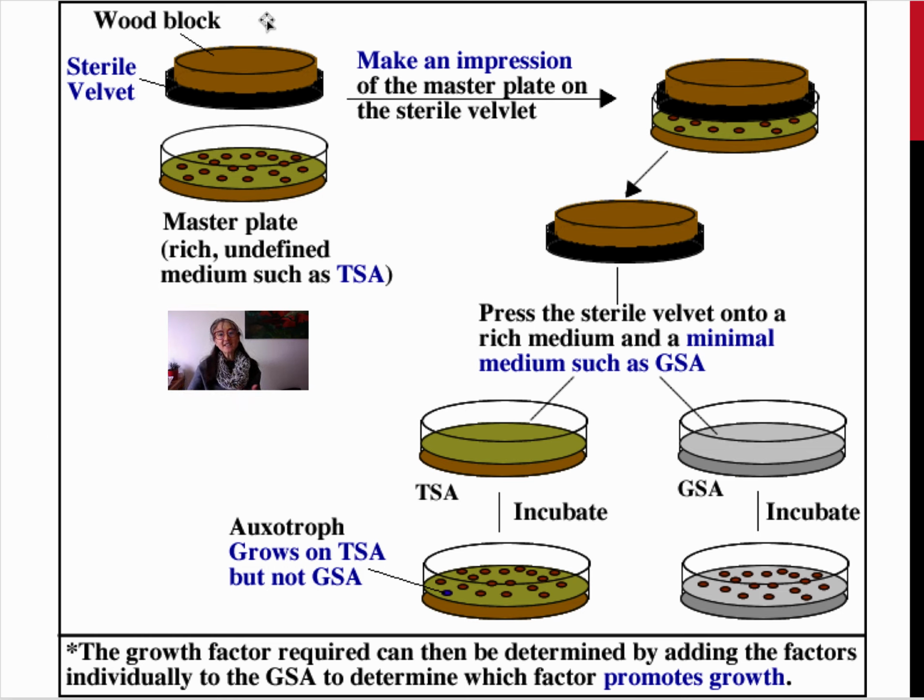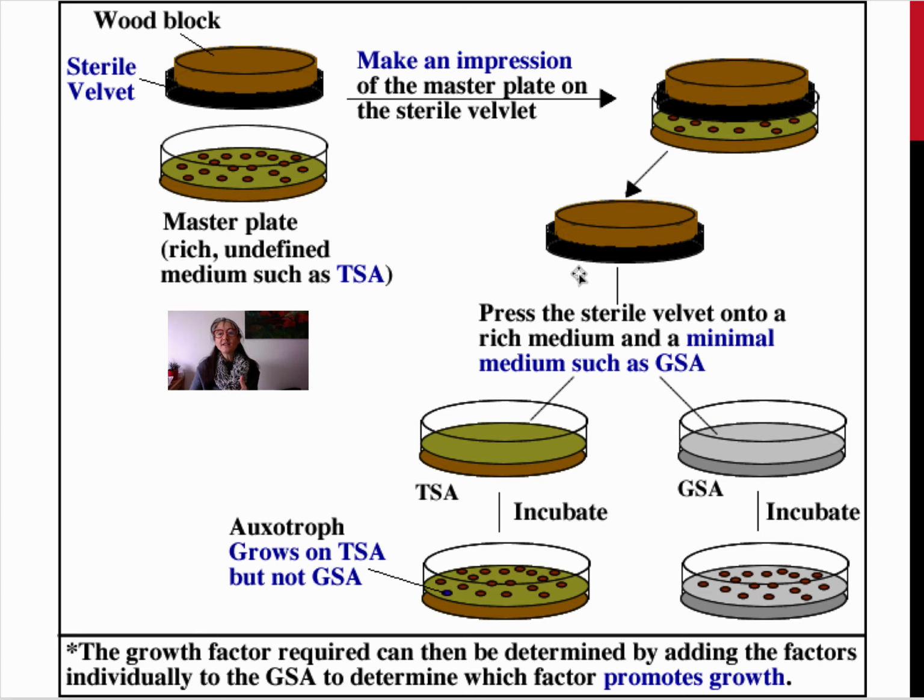And then you take that sterile velvet and you press it down onto a master plate that has both the prototrophs and the auxotrophs. So essentially you're printmaking. You're literally making a print onto this sterile velvet. Why velvet? Well, because velvet's like 100 million little inoculating needles that are all picking up the colonies.